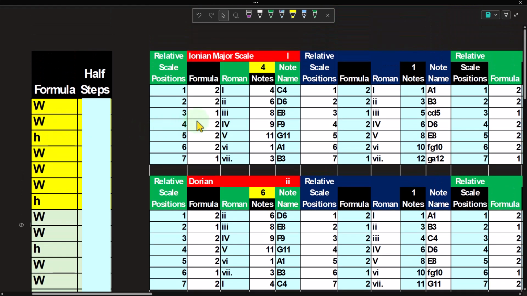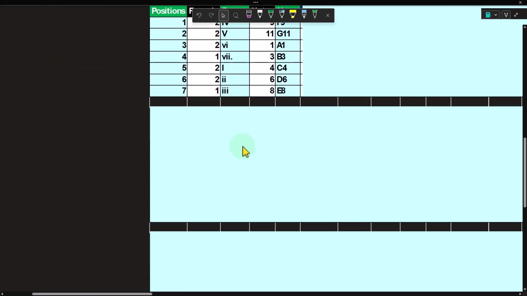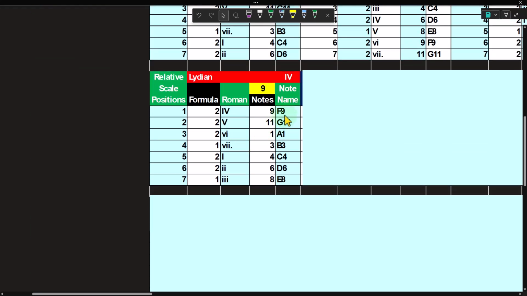So now we're looking at the Lydian, which is going to be the F. We would count that down: here's the Lydian in F, which is a 9, plus 2 is 11, plus 2 is 13, minus 12 is 1, plus 2 is 3, plus 1 is 4, plus 2 is 6, plus 2 is 8, plus 1 gets us back to 9. So that's going to be that.